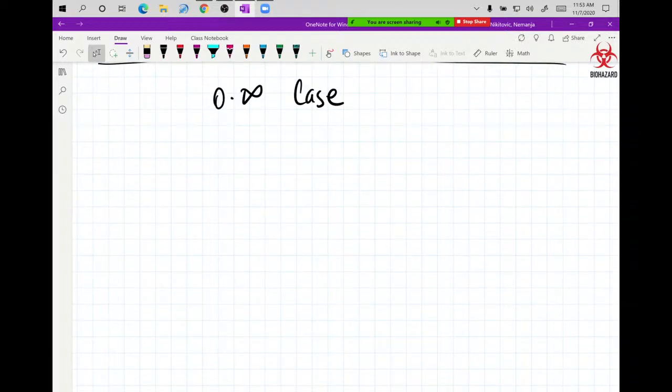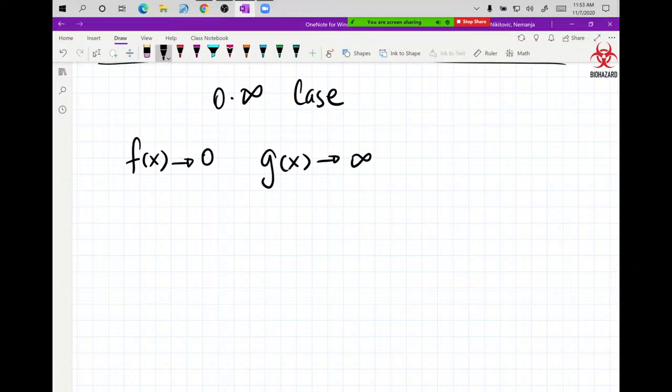Now, if you have f of x going to 0 and g of x going to infinity, and they are of the form f of x times g of x, there is a very easy trick. So this one is going to 0, and this one is going to infinity.